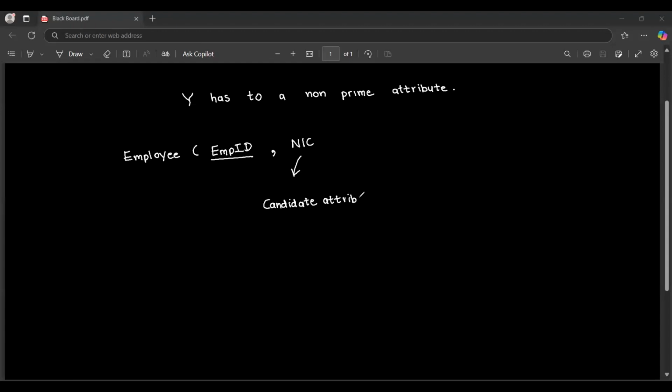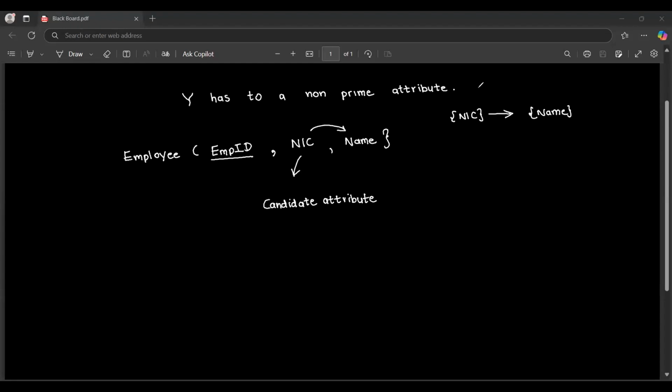Well, it is a candidate attribute. And we can say name of an employee can be functionally determined by NIC, because NIC functionally determines name.